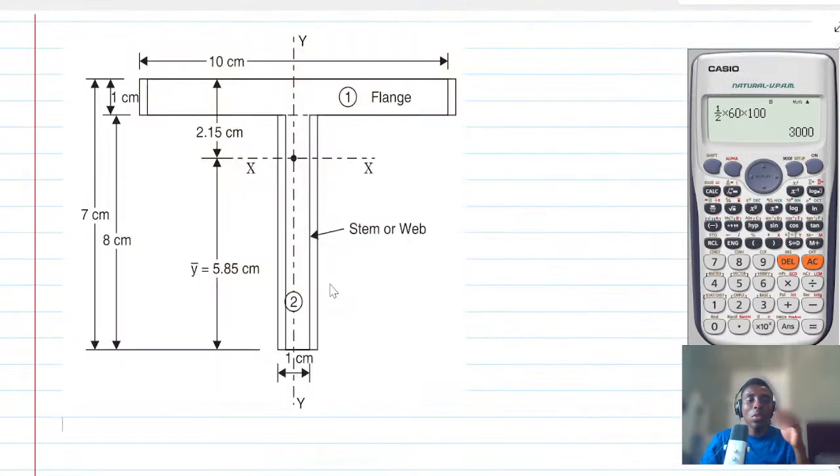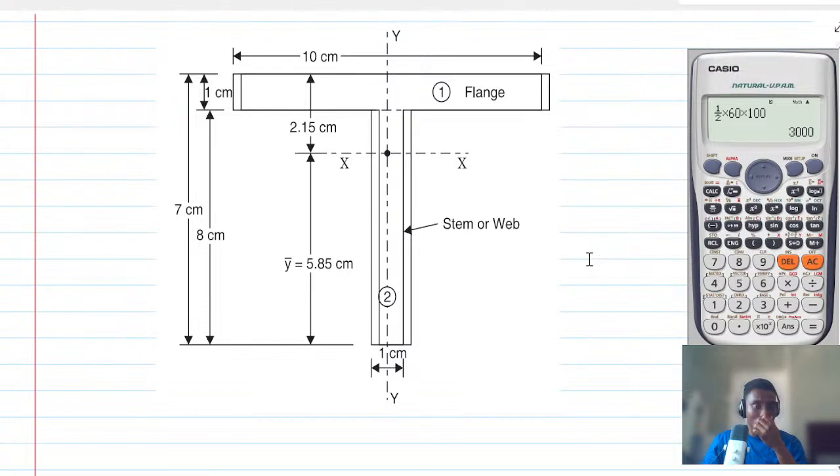Okay, let's say you have a question like this, and you have been asked to solve and get the Ixx and then the Iyy. So how can you solve this problem? You have been asked to find the Ixx and the Iyy.